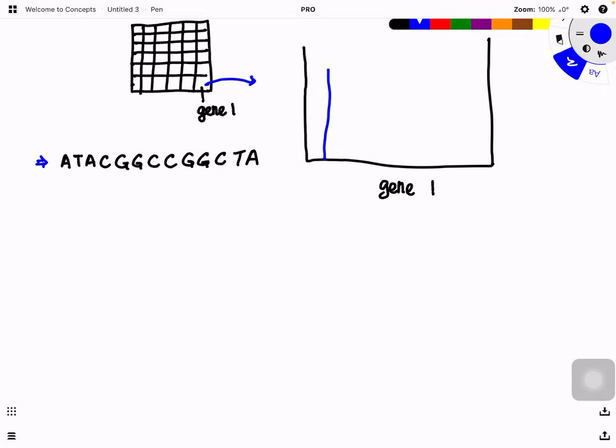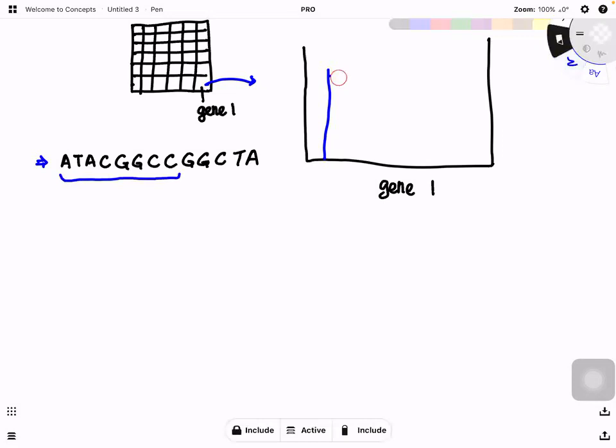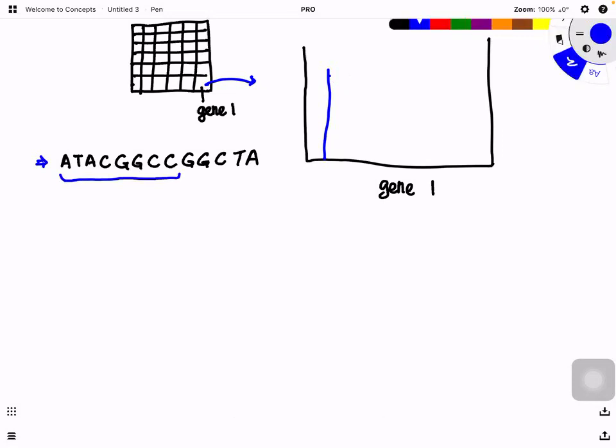Let's say I detect this region. Not all of it, a short fragment is enough. So from the bottom, it will be T, A, T, and then G, C, C, G, G. So this represents gene 1.